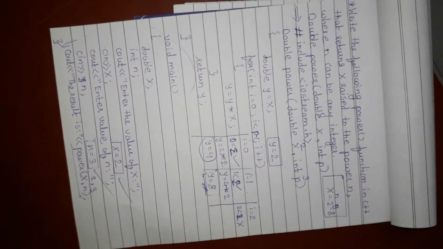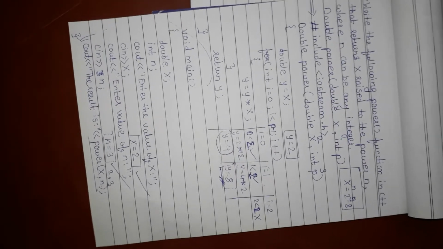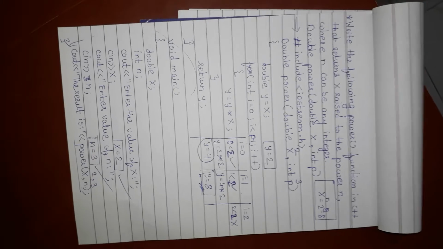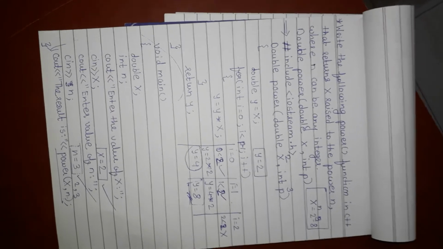I hope this is clear to you. From the execution we come to know where we made the mistake. This is the logic, how you should think. If we have 2 raised to 4, then i runs from 0 to 3. Or if you don't want to write i less than p minus 1, then just initialize i to 1 and start the for loop with i equal to 1.